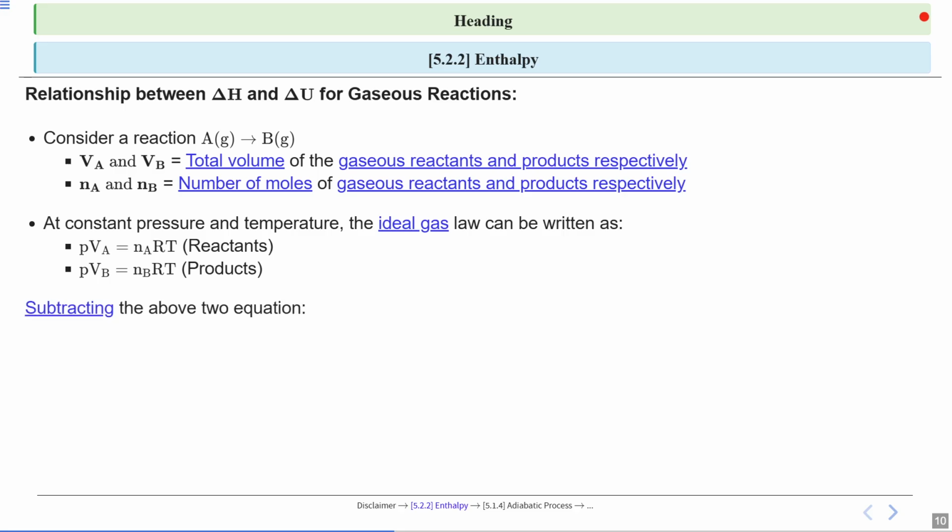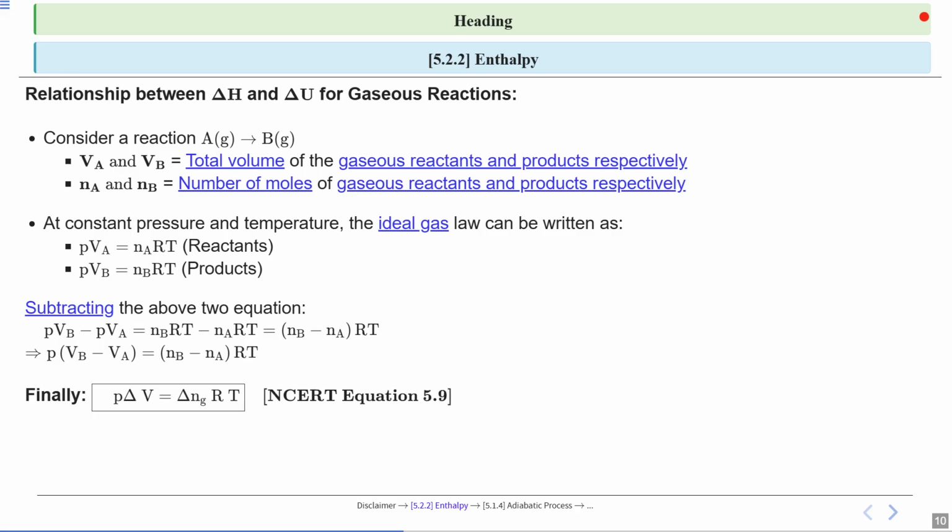If we subtract both of these equations, what will we get? We will get PVB minus PVA equals NBRT minus NART. Take the RT common out of it, you will get NB minus Na multiplied by RT. Now, if you rearrange this equation further, you can take the pressure, which is constant, out of it. And this will give you your final equation, which is P delta V equals delta NgRT.